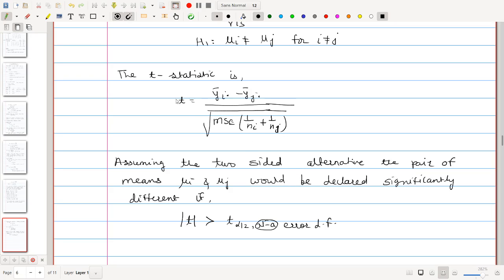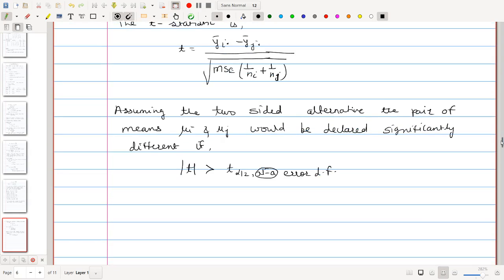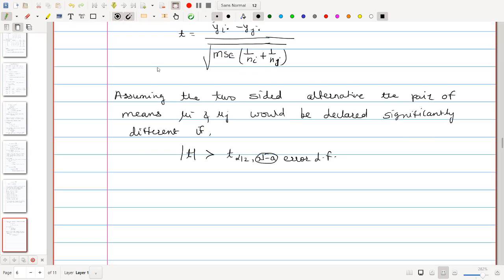Now put this value of t here. Fisher has used this two sample t statistic. So I can write this as y bar i dot minus y bar j dot upon under root of MSE into 1 upon ni plus 1 upon nj is greater than t alpha by 2, comma, error degrees of freedom.